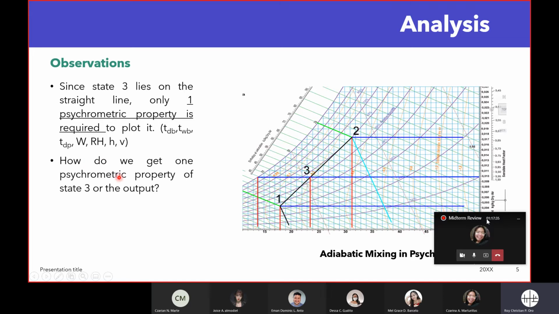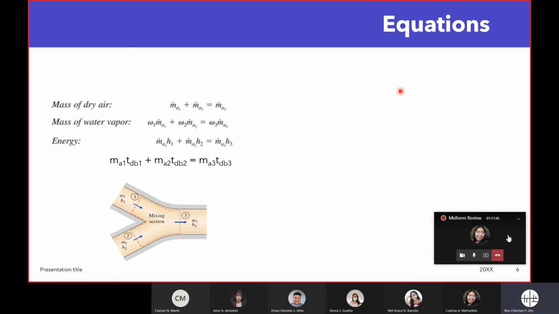Now the question is, how do we get one of those properties that we want? And that is through equations or problem solving. When considering adiabatic mixing, there are four equations that we have to know. The first equation is just a mass balance of dry air.